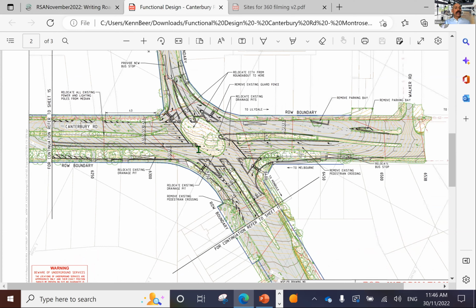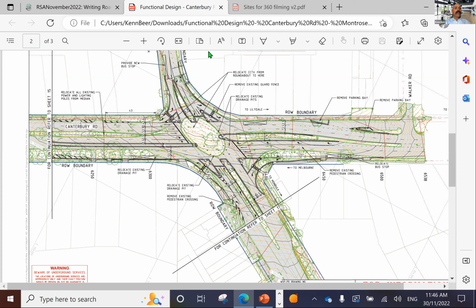So your job is going to be to find things in the proposed design that you believe could present death or serious injury or other injury to the traveling public. So you're not looking at the roundabout. You're imagining the future where that roundabout is gone and this is a set of traffic signals.